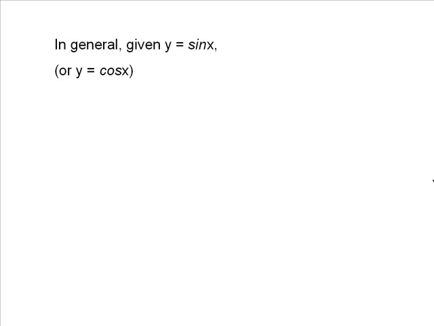So in general, for these sinusoidal functions, sine x and cos x, or theta, y equals sine bx will have, and this is very important, a period of 2 pi over b. Keep in mind all you're doing is taking 2 pi and multiplying by 1 over b, but this is a nice compact way to look at it. So I would really encourage you to get comfortable with this.